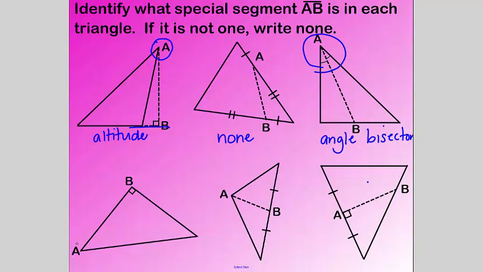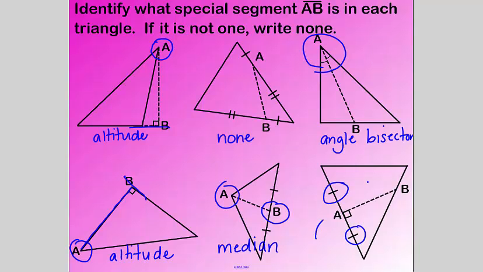And the fourth one, it connects angle A with this side down here at a right angle, so it's an altitude. And the next one, it bisects the side down here and connects it to an angle, so it's a median. And on the last one, it bisects this angle and it's perpendicular, so it is a perpendicular bisector.